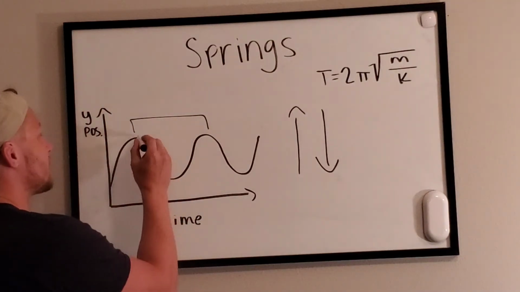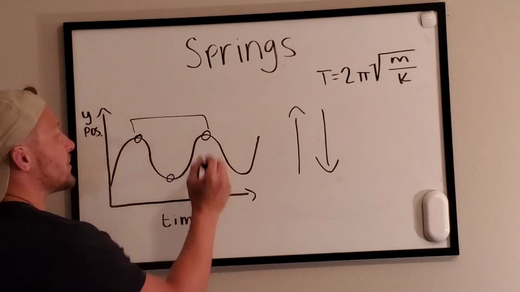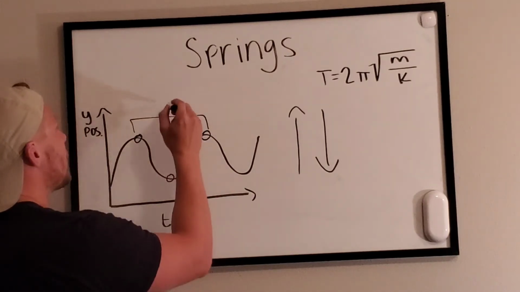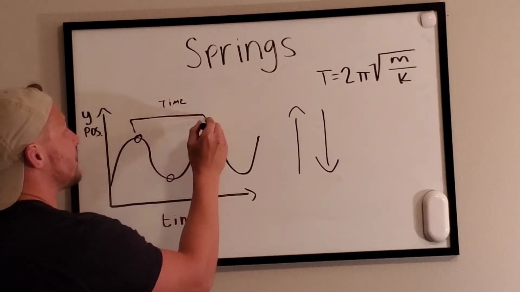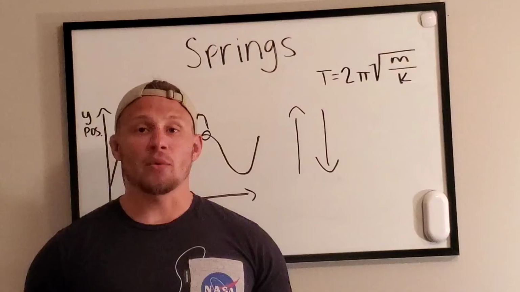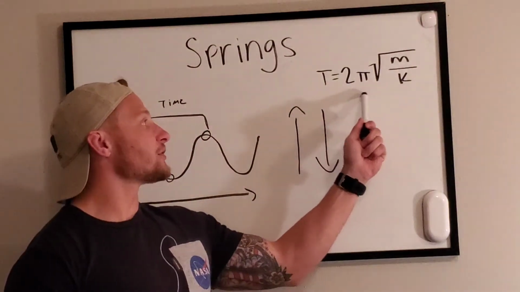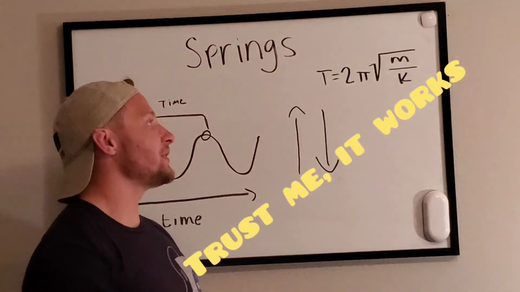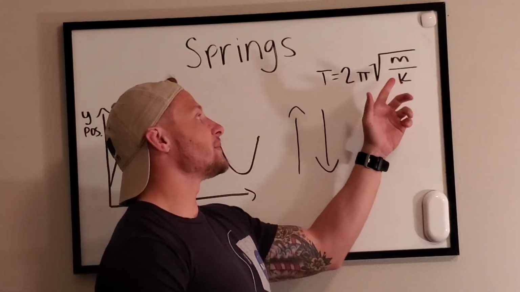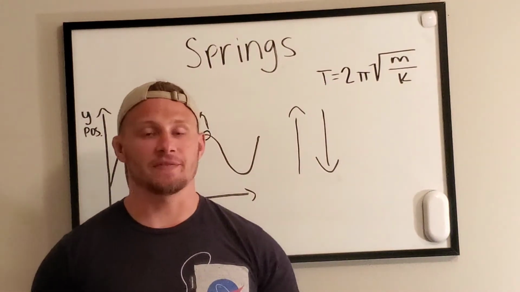This is when the spring is at its maximum point, minimum point, and then back to its maximum point. We want to know the time that it takes for it to reach this full cycle. Now with some pretty cool calculus and trigonometry, we can create this formula right here to find out that time interval. And it comes out to be 2 pi times the square root of the mass divided by that spring stiffness that we found earlier.